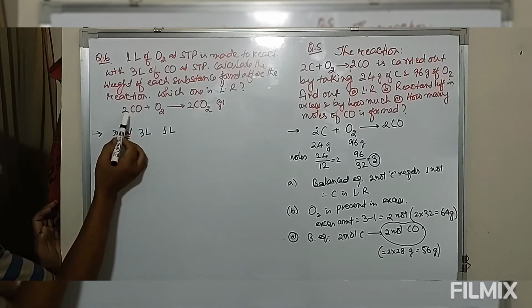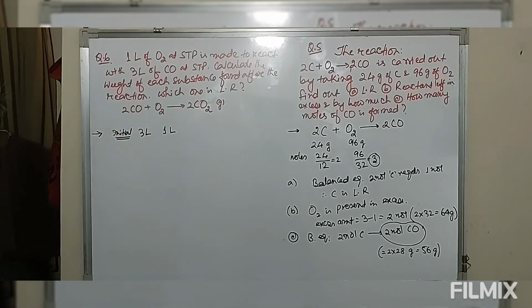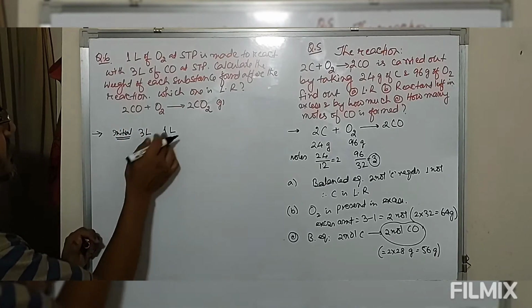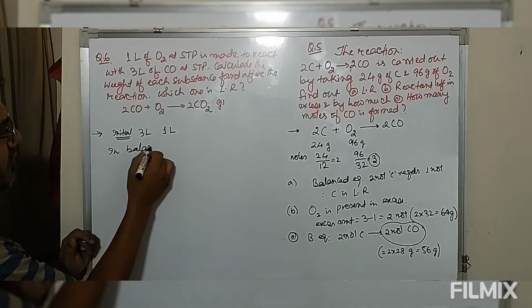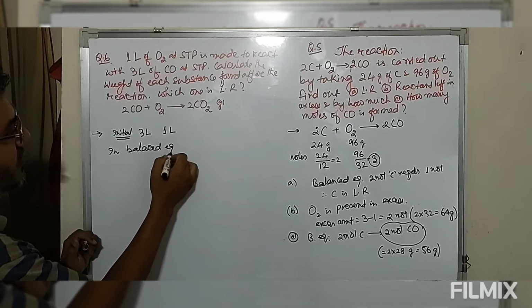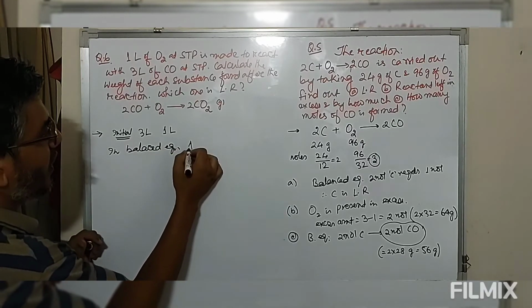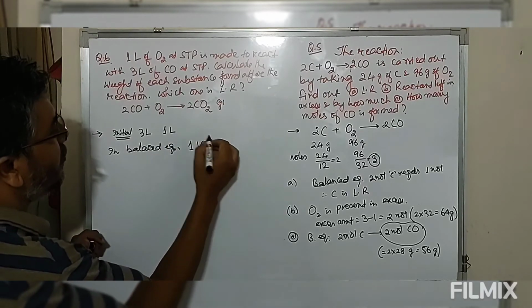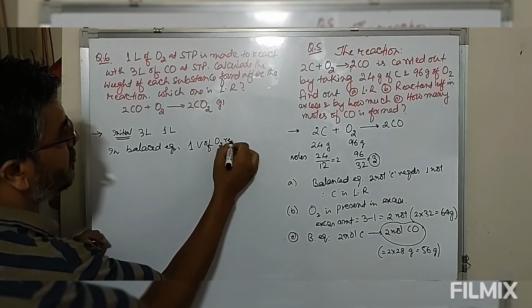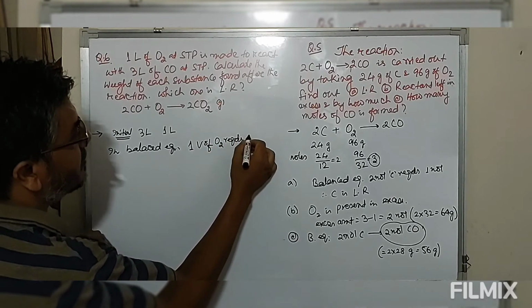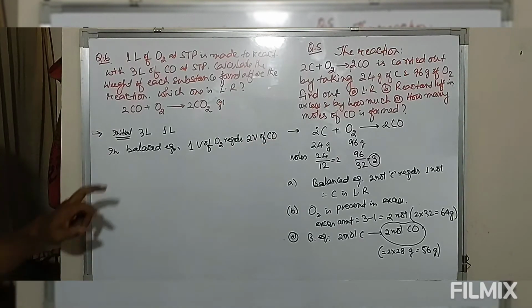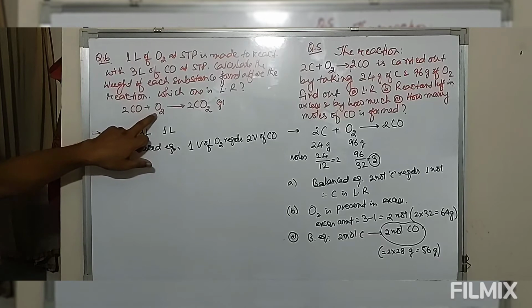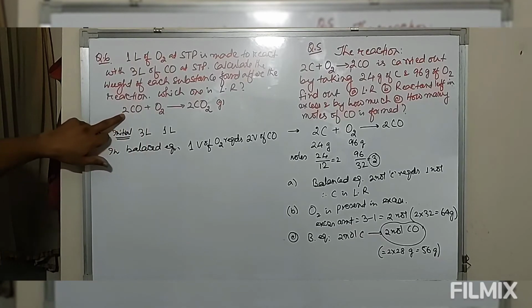So 2 volumes of carbon monoxide always require 1 volume of oxygen. In the balanced equation, 1 volume of oxygen requires 2 volumes of carbon monoxide. So for every 1 volume of oxygen, we require 2 volumes of carbon monoxide.